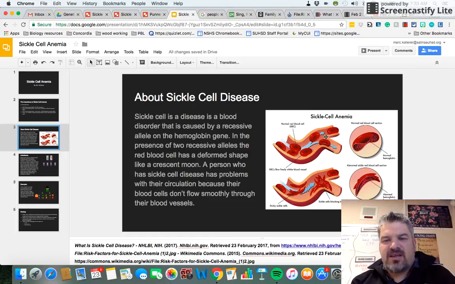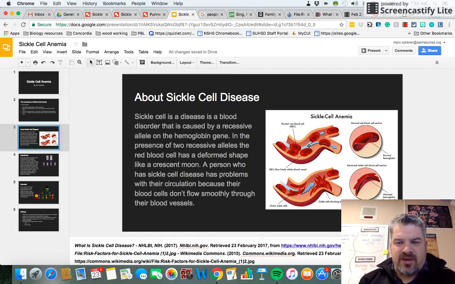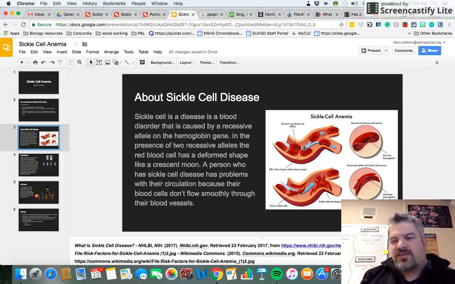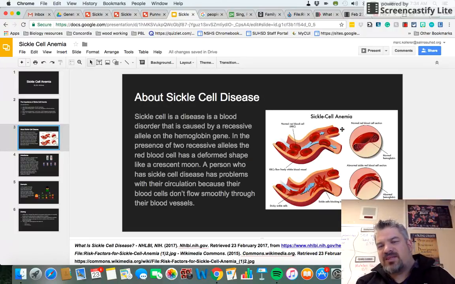So you can see in the top picture, this would be normal hemoglobin, normal red blood cells. This is what most people have, and you can see that the red blood cells move through the blood vessel.